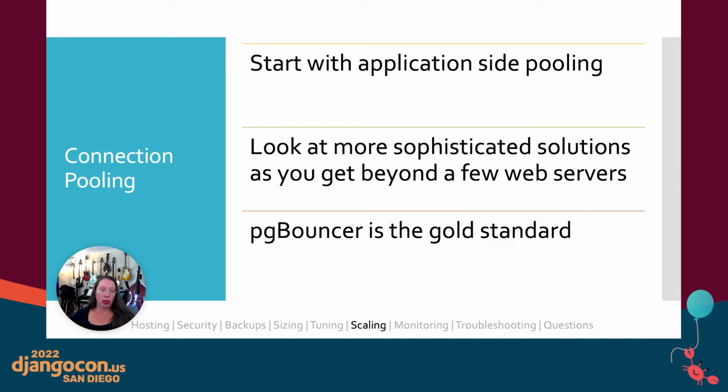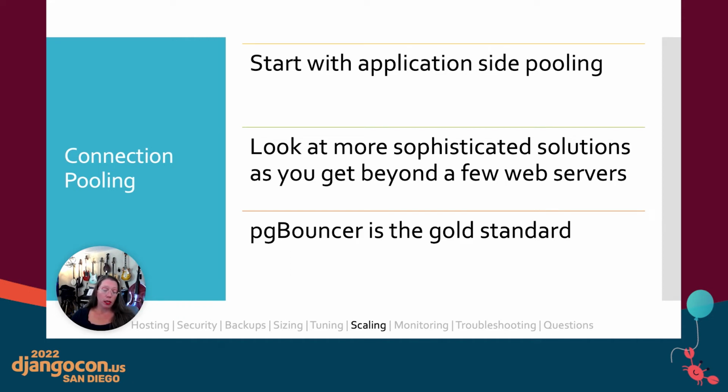Once you go beyond some of the small amounts of connections, you're going to want to think a little bit about connection pooling too. You can do some application side pooling in your web server. And once you start looking at connection pooling, you're going to want to take a look at the PgBouncer tool. That is sort of the gold standard in Postgres for connection pooling.